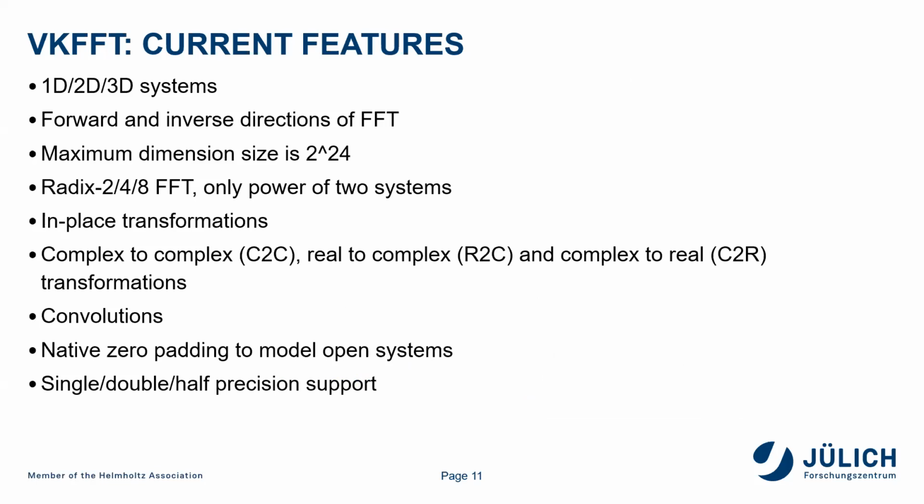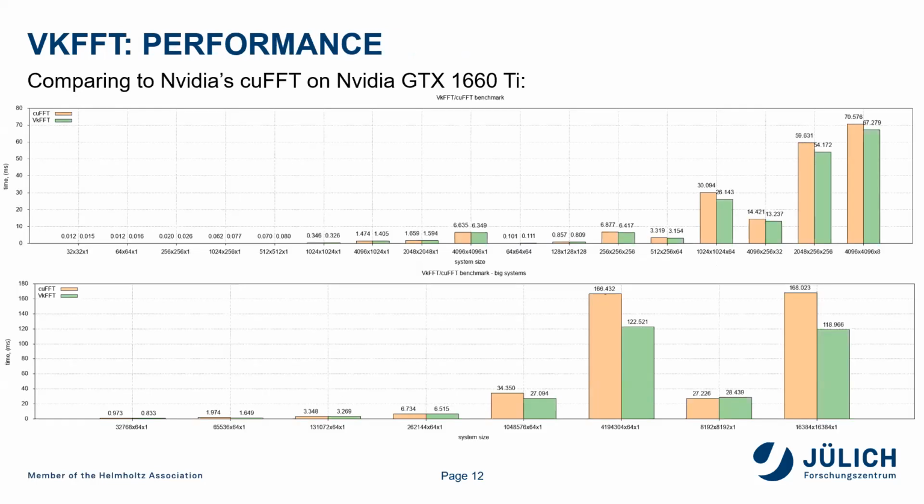It has real to complex, complex to real transformations. It has convolutions and a native zero padding support to model open systems, which I will briefly describe later on. These are really good memory saving techniques that can be used not only in fast Fourier transform, but in other software too. And it has single, double, and half precision support as well.